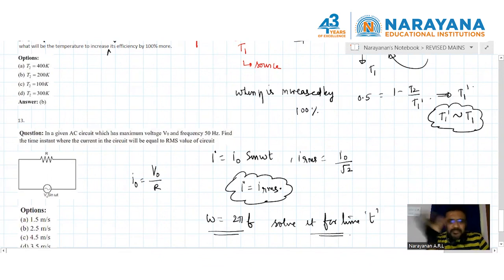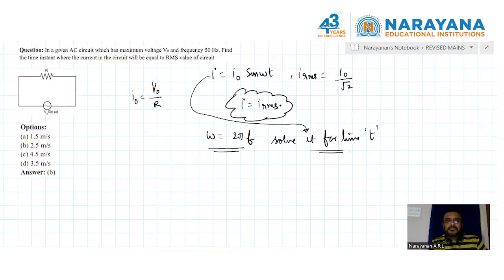If this happens to be a question, you need to solve it like this, as simple as that. At any instant the current is I, and IRMS is I naught by root 2. Equate I equal to IRMS. What is the instant of time when the current will be equal to its RMS value? If you solve it, you will get the value of t. That's it. From this relation, you will get the time. I think these are the questions I have with me.